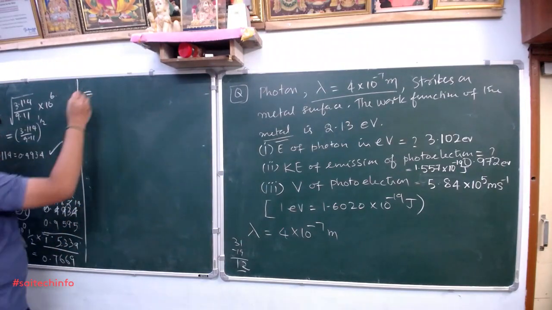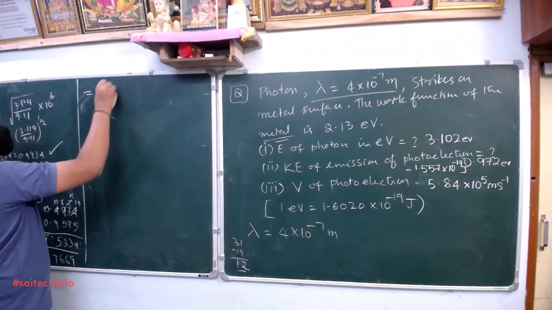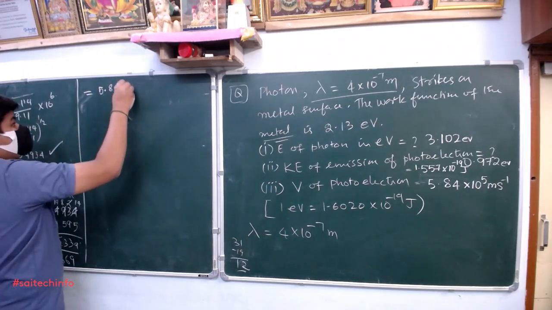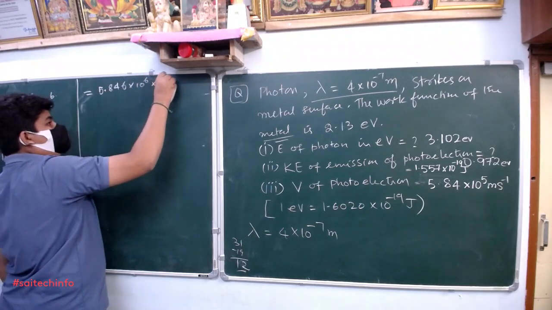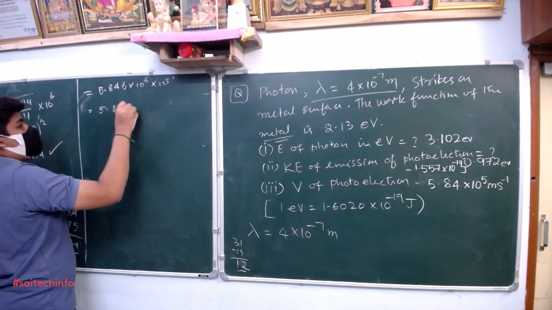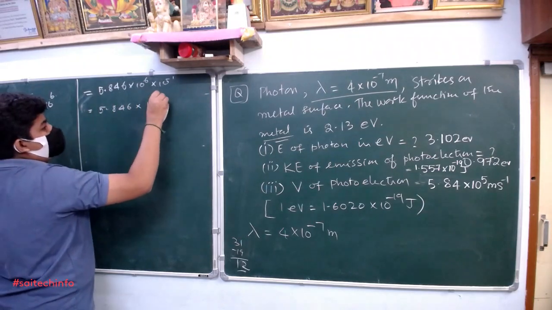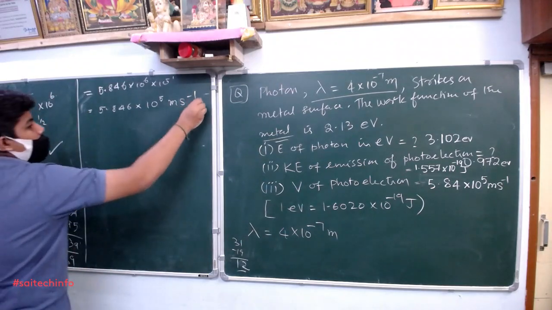So 1 bar 0.5, 10 power minus 1. You can put 10 power minus 1. So 5.846 into 10 power 5 meter per second. I hope now you are able to calculate using logarithm also.